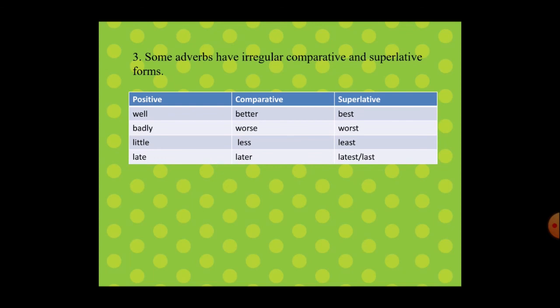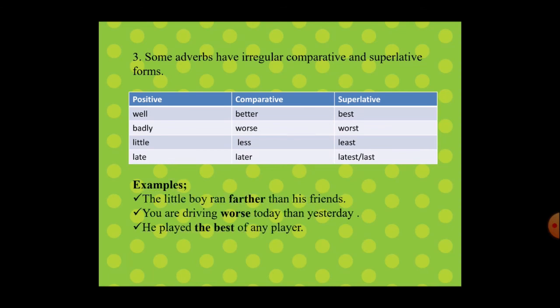Late, later, latest, or last. Here are a few examples. The little boy ran farther than his friends. You are driving worse today than yesterday. He played the best of any player.